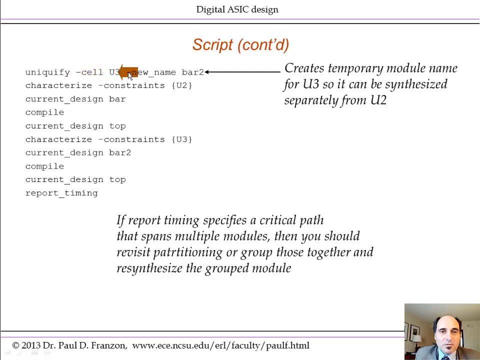We now synthesize U2 and U3 separately. First I'm doing this for U2: characterize constraints, current design bar, compile, go back to top. Characterize constraints U3, current design bar 2, this new temporary module name that we just made, compile that, go back to the top.